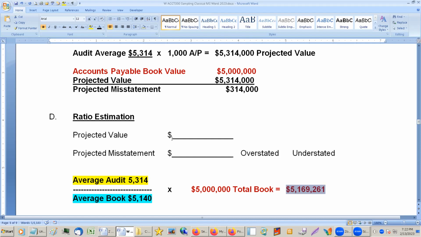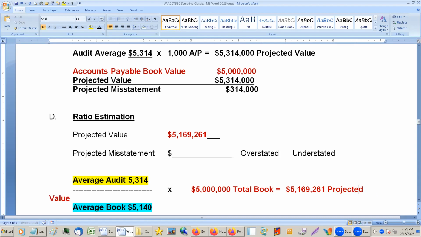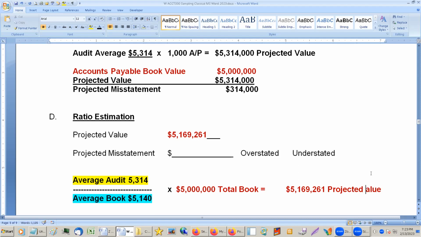All right, so this is going to be our projected value.